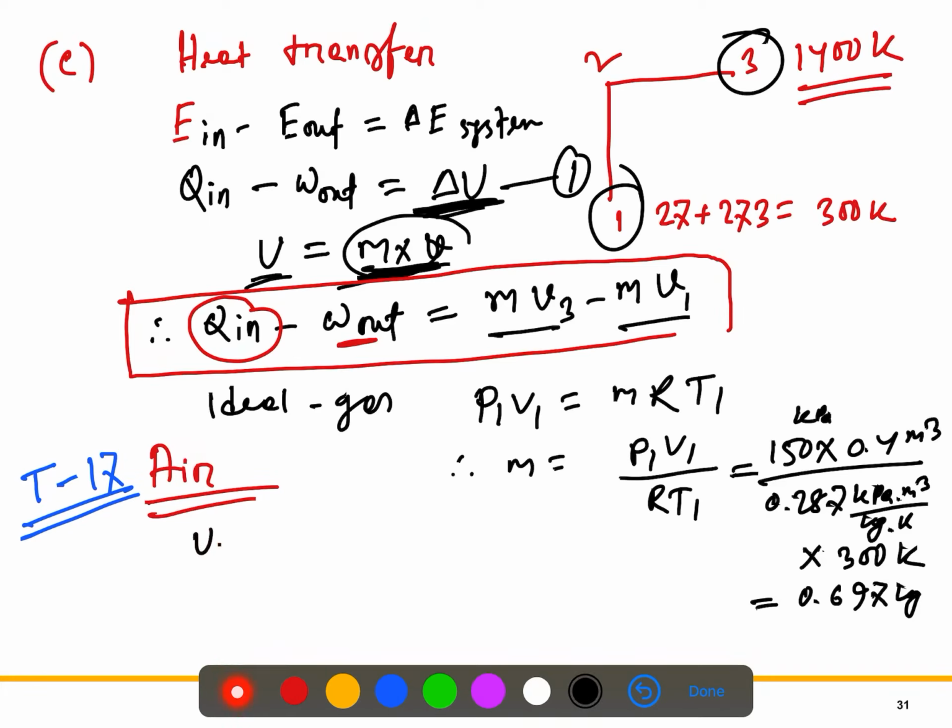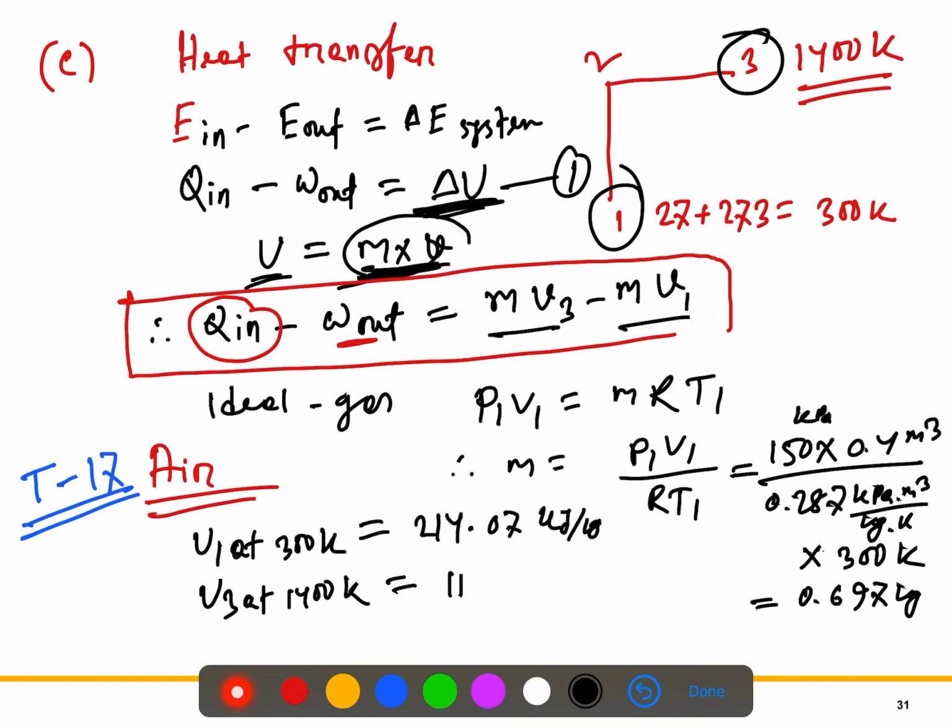So U1 at 300 Kelvin temperature is 214.07 kilojoule per kg. And U3 at 1400 Kelvin temperature will be 1113.52 kilojoule per kg.